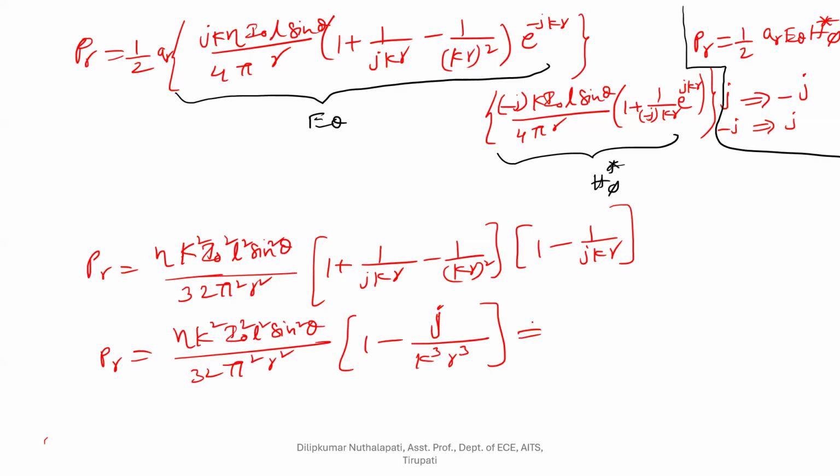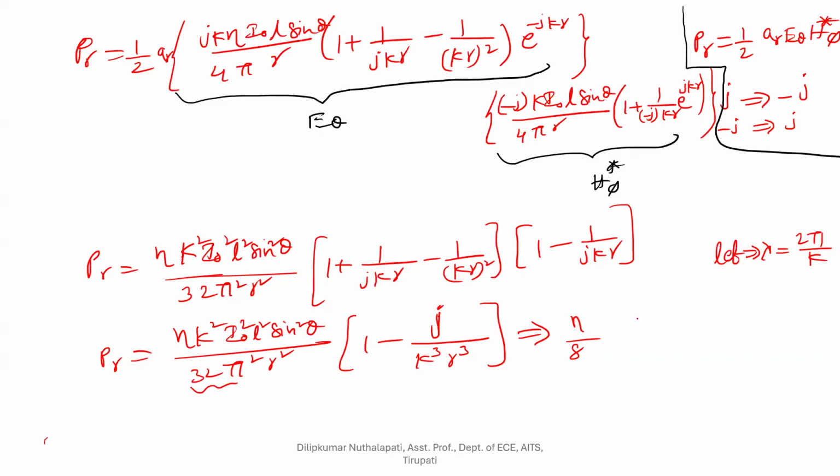And if we rearrange these terms with the assumption that lambda is equal to 2 pi by k, then we can get the power in the radial direction as neta by 8. That 32 is split into two parts.